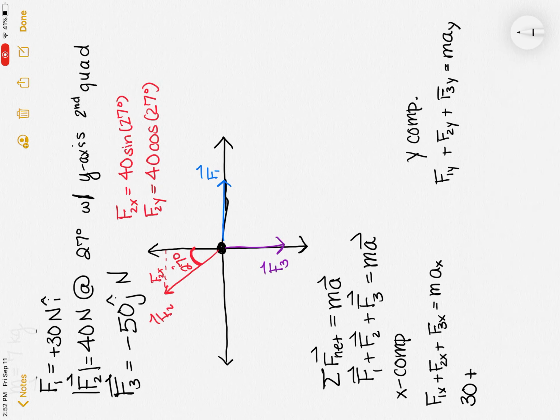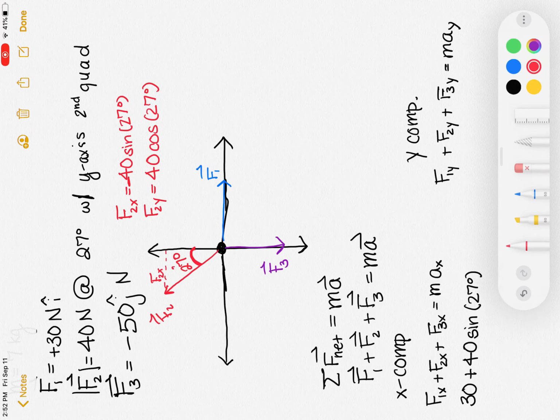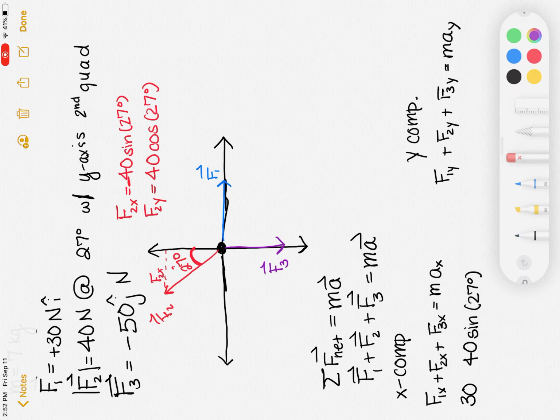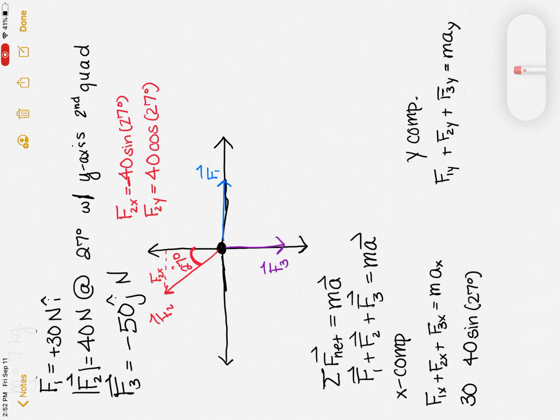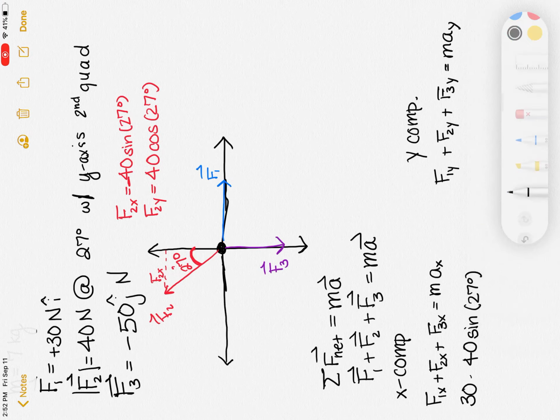So then I say that it's going to be 40 sine 27 degrees, but then I realize I forgot to take into effect that it's in the negative x component, and so I remedy that. So that's really going to be negative 40 sine 27 degrees on both sides. So then this plus becomes a minus, since I'm acting in the negative x quadrant. And so that's going to be equal to the mass. The mass is 7 kilograms times the acceleration of x.